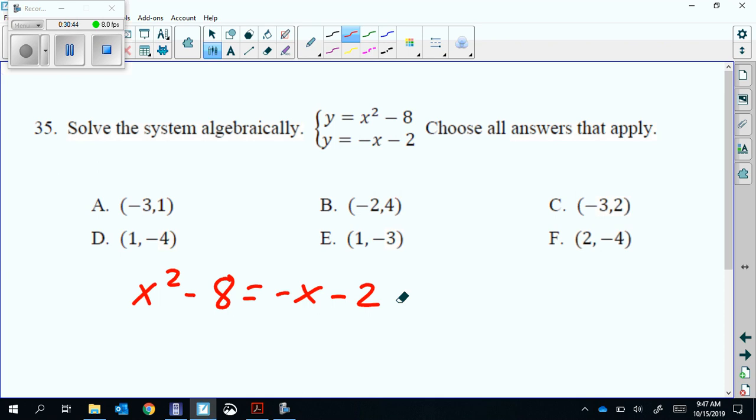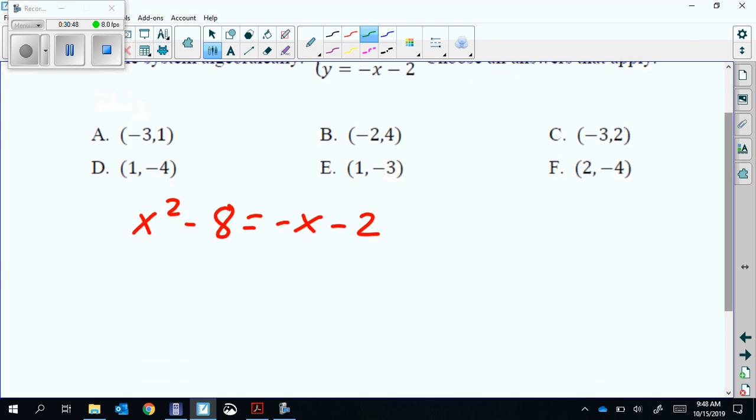Get everything on one side so we can solve this, hopefully by factoring, because that's easiest. So add the x over. Add the 2 over. To get it equal to 0.